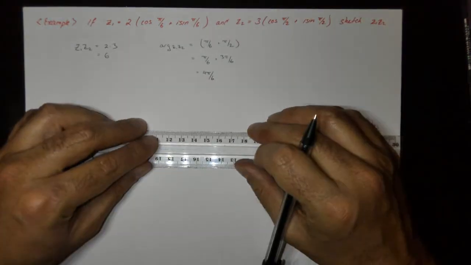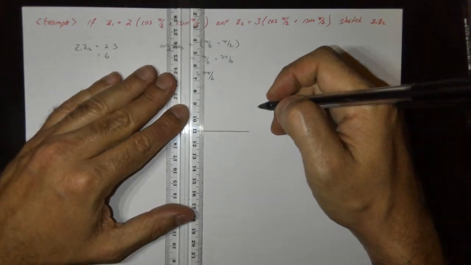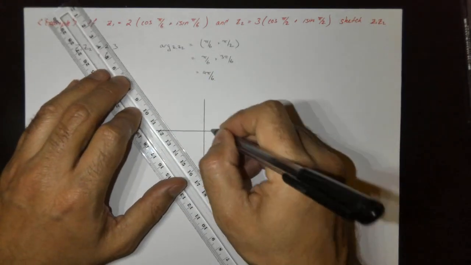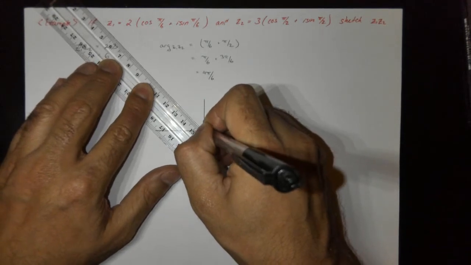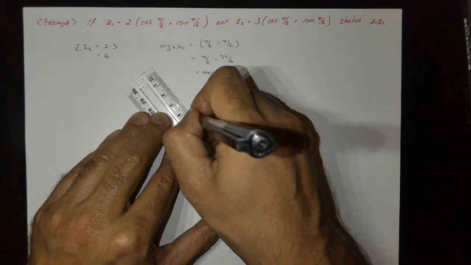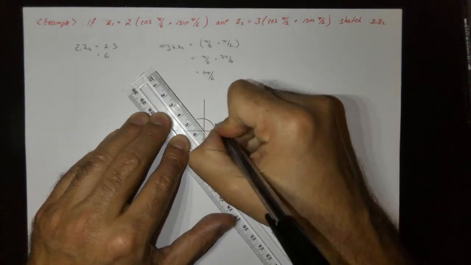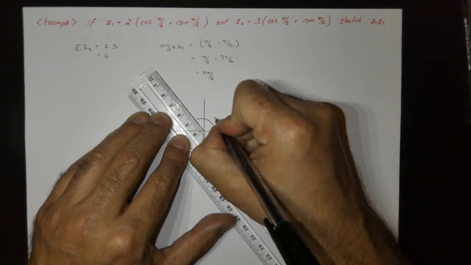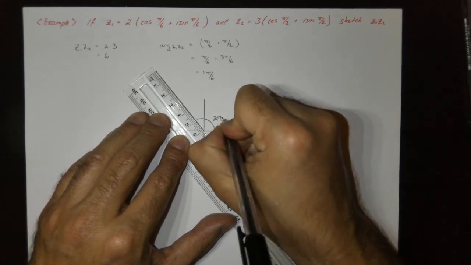Obviously not to scale, 4 pi on 6 is equal to 120 degrees, so it's going somewhere there, and it will have 6 units in length. Yeah, 2 pi on 3.